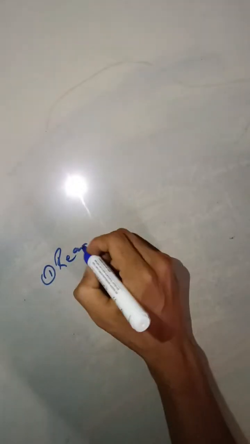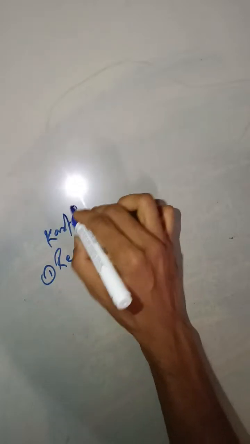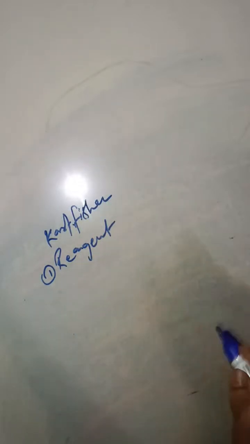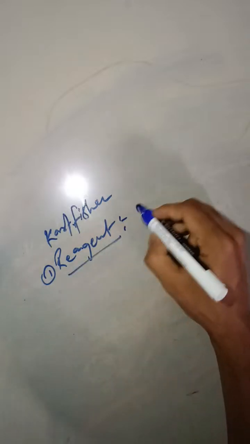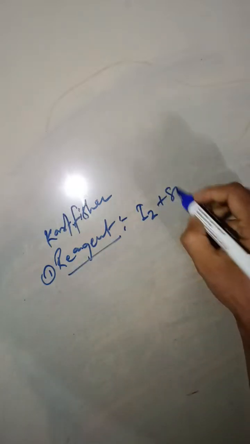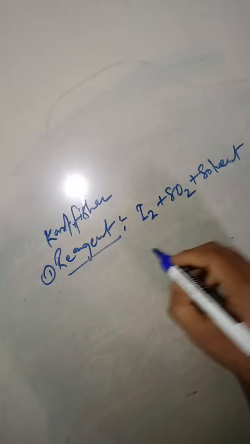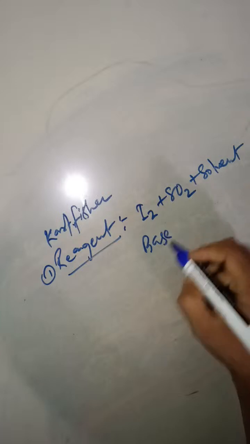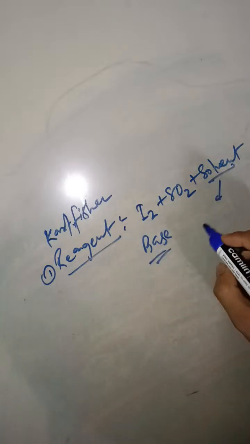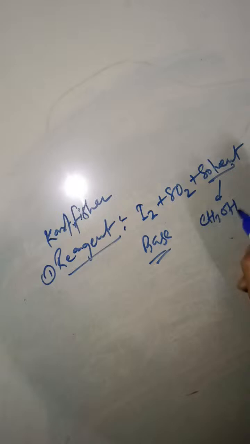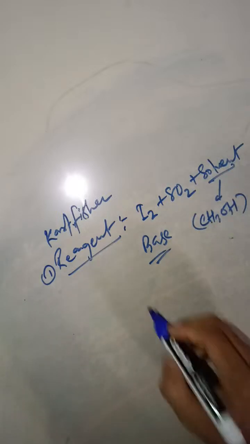Okay, so in Karl Fischer titration the main important points are 2 points. Number 1 point is the reagent. Which reagent? Karl Fischer reagent. What is Karl Fischer reagent? It's iodine plus sulfur dioxide plus solvent plus base. The solvent is polar, such as methanol or ethanol, and the bases are two types.